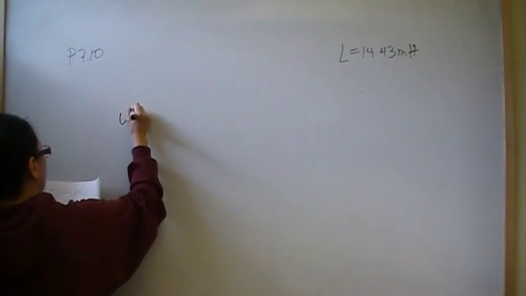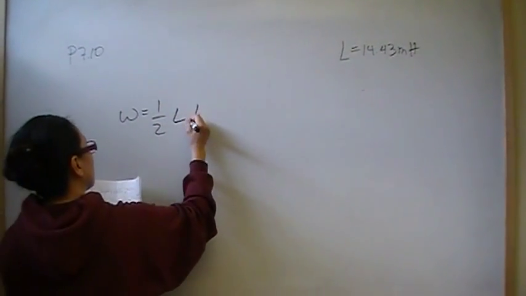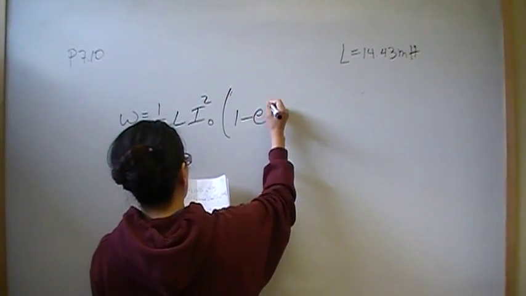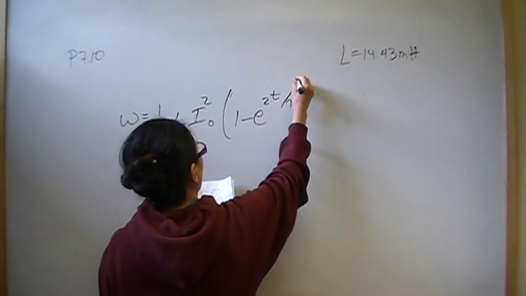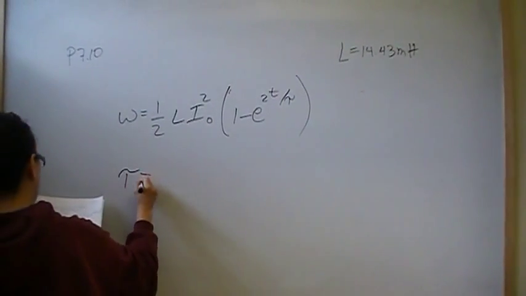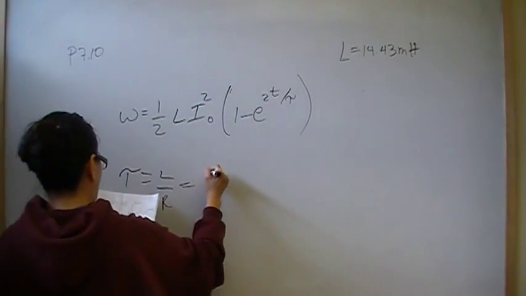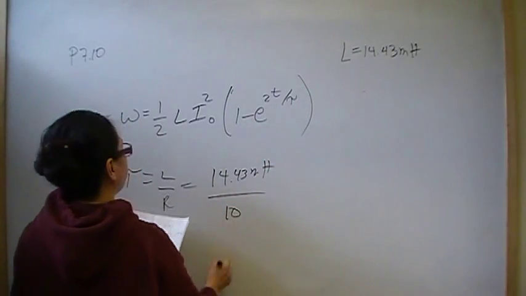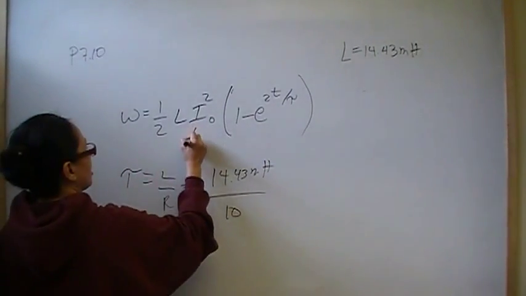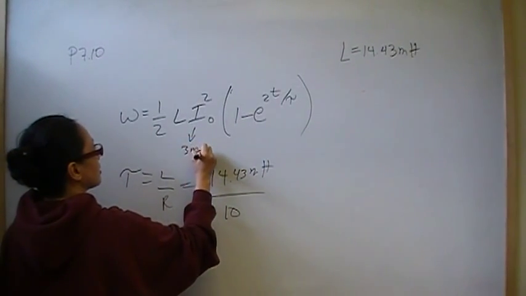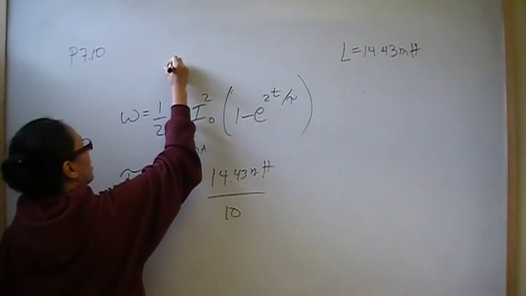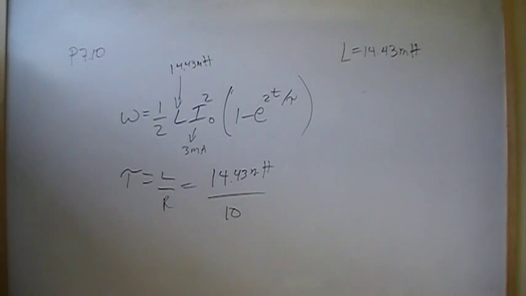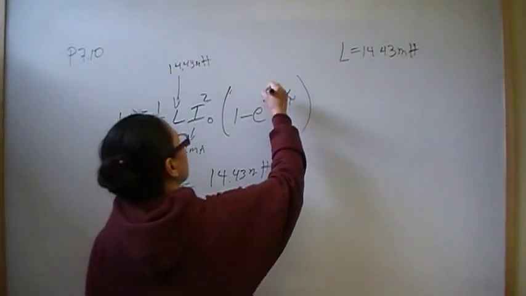So we have energy is equal to 1/2 L I naught squared times 1 minus e to the minus 2t over tau. Tau is L over R, so that's 14.43 millihenries over 10. I naught is going to be 3 milliamps, L is going to be 14.43 millihenries, and t is 1 millisecond.